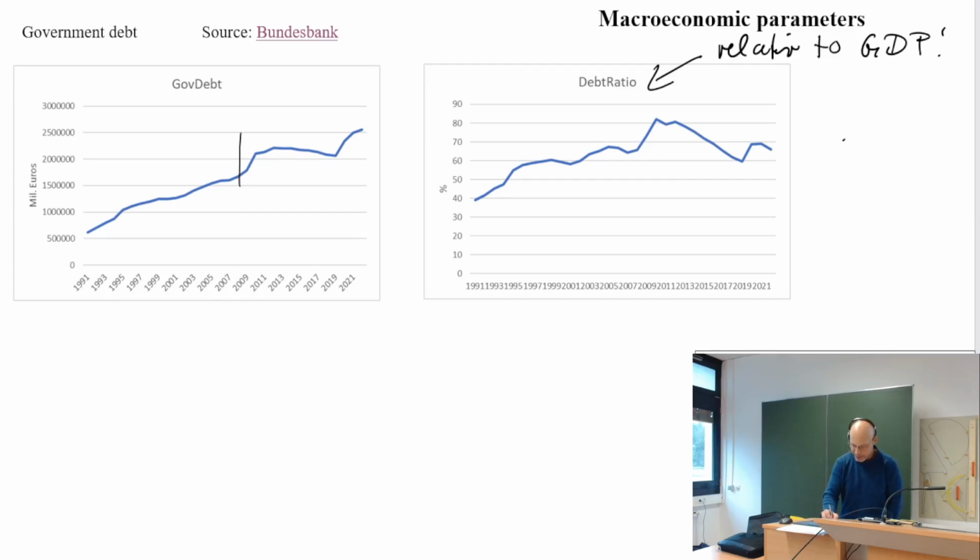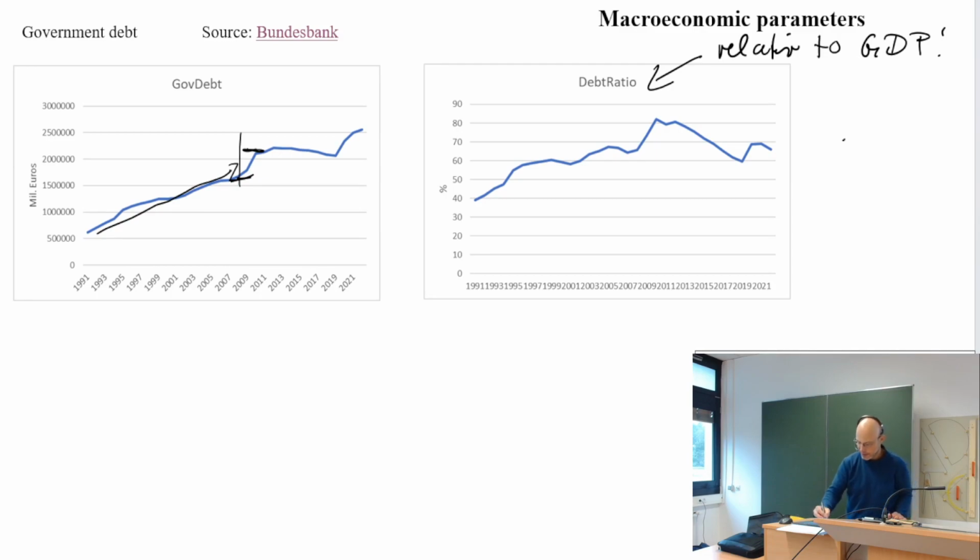Then you see more or less here the rise in government debt more or less continually until the financial crisis in 2008. Then you have this huge step. These were all our special programs within the financial crisis. This was about 150 billion euros we spent within 2 years.